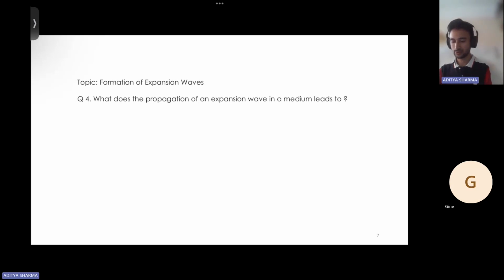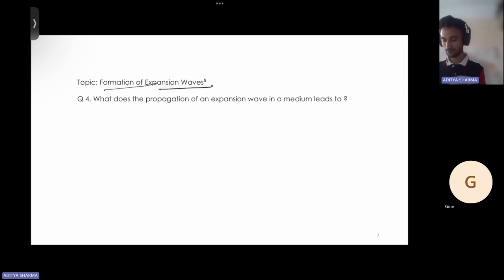Okay, then let's continue with the session. So the question is from the formation of expansion waves. This is the modeling of expansion waves part.